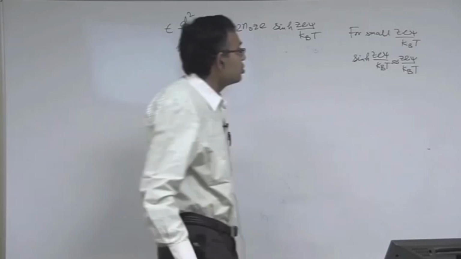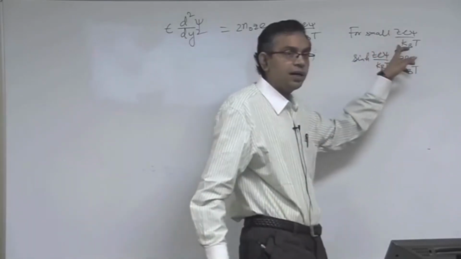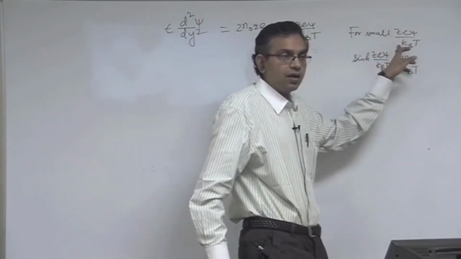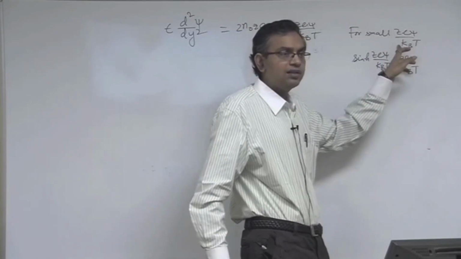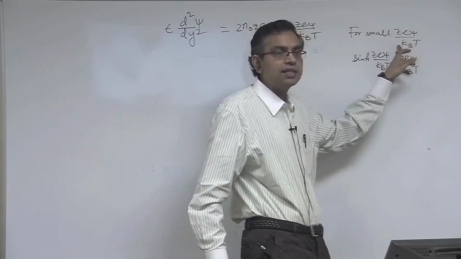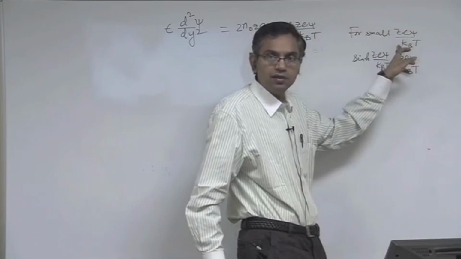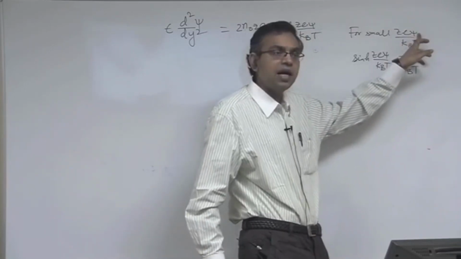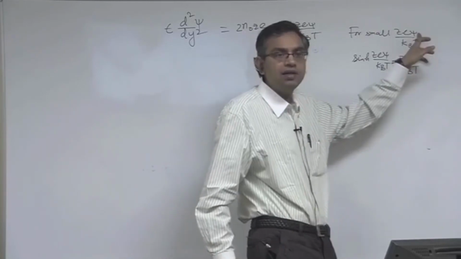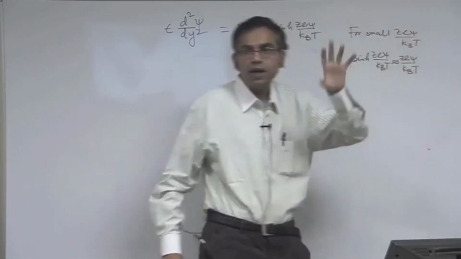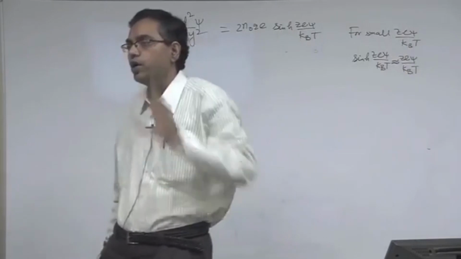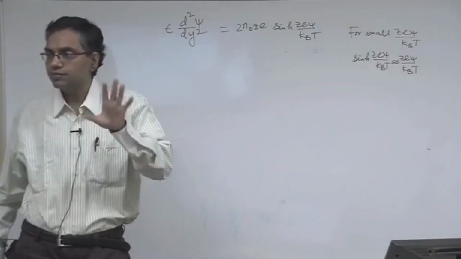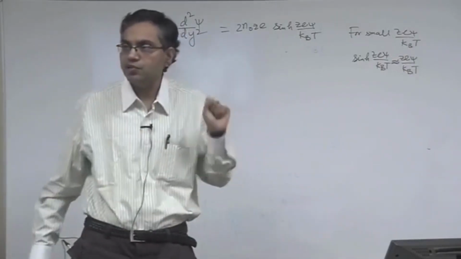How will you know that z psi by kbT is small? What is the maximum of z psi by kbT? Maximum psi is zeta. So the maximum of z psi by kbT is z zeta by kbT. If z zeta by kbT is less than 0.1, we can approximately assume that it is small.